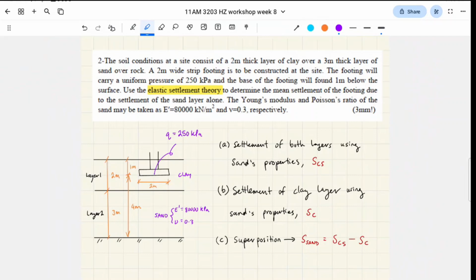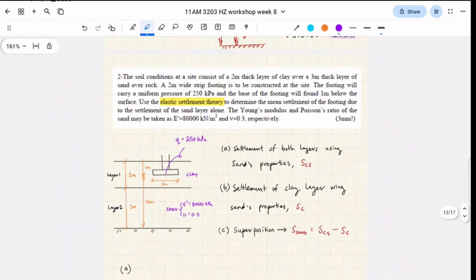So if there's clay at the top and sand at the bottom, we only have the material properties of the sand. We can use this concept called superposition, which is in the lectures and in my notes, but I won't have time to run through it, in order to calculate the settlement of the sand. It's not too bad. You're just using that S average formula for elastic settlement.